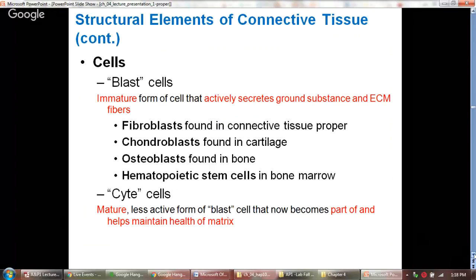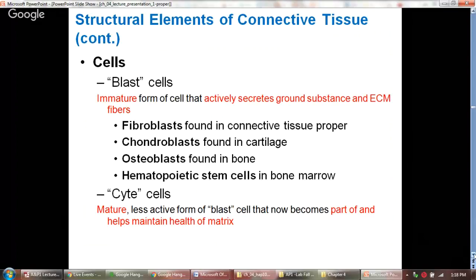The cells, on the other hand, are important as well. They could be blast cells or cyte cells. When you see the word blast, you have to remember that it's an immature form of the cells, and they actively secrete the ground substance and the extracellular matrix fibers.